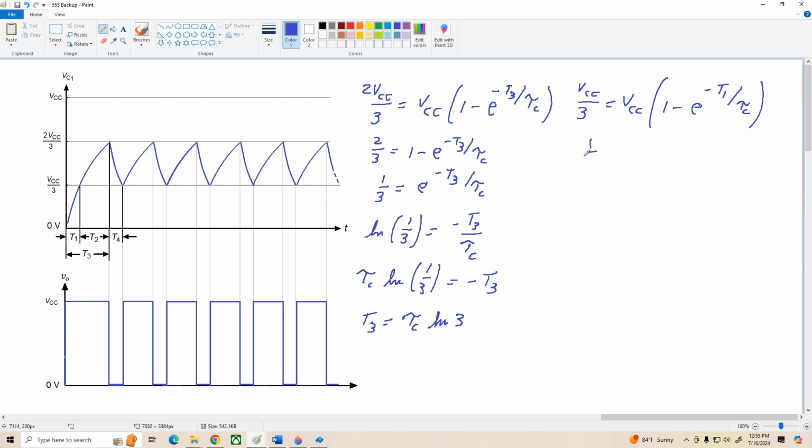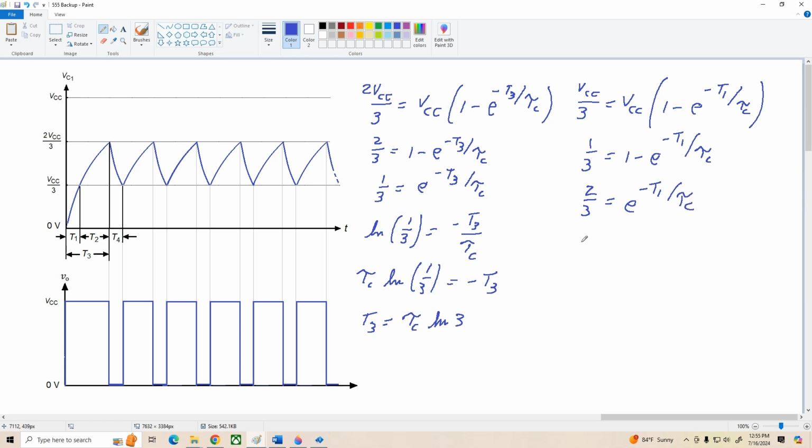So we get 1/3 equals 1 minus e to the negative t1 over charge time constant. Subtracting 1 from both sides, 1/3 minus 1 is negative 2/3. Eliminating the negative sign, we get 2 over 3 equals e to the negative t1 over the charging time constant.